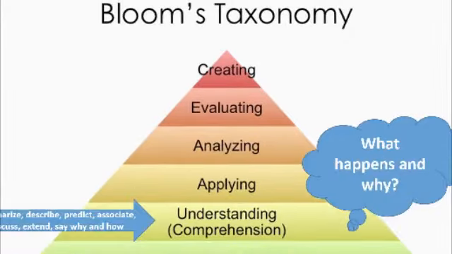So the next thing I have to do is comprehend certain things. When we talk about comprehension, in our example of Little Red Riding Hood, comprehension is what happens and why. So she gets eaten by a wolf at the end of that story, but why? What choices does she make that lead to that outcome?